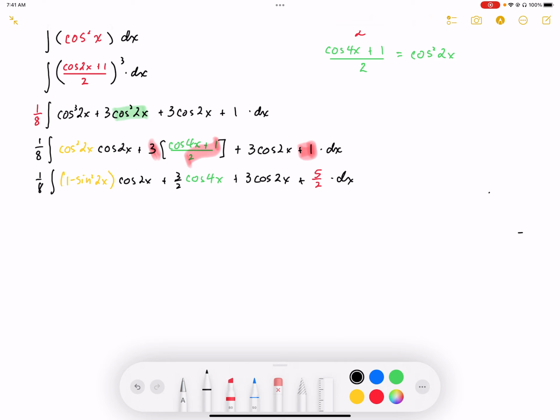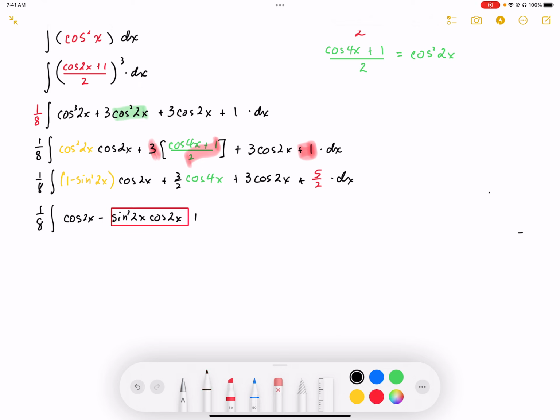Okay, so this next step here, I'm going to expand out these brackets. So I end up with 1 times cos 2x, and then minus sine squared 2x cos 2x. Okay, now I'm going to isolate that because I'm going to use substitution on this part here.